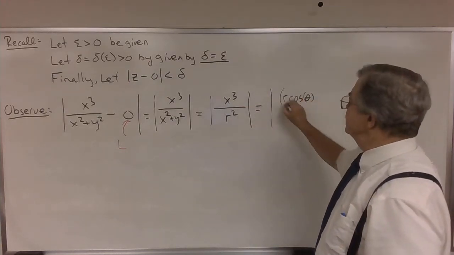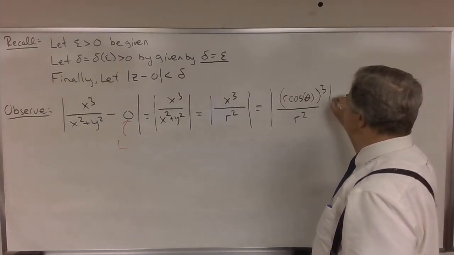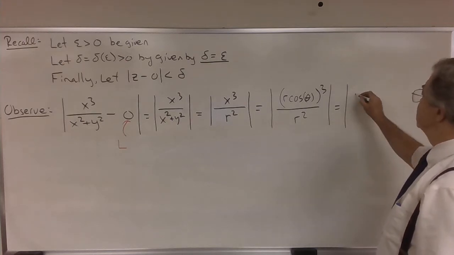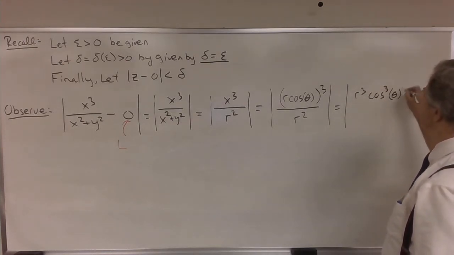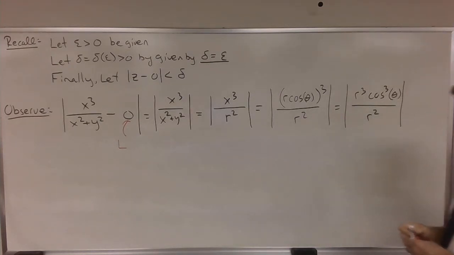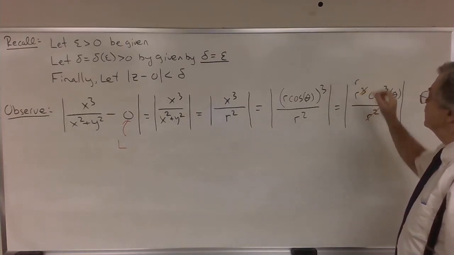So x cubed is r cosine of theta cubed over r squared. And this becomes r cubed cosine cubed theta all over r squared. And we realize we can cancel an r squared from numerator and denominator.